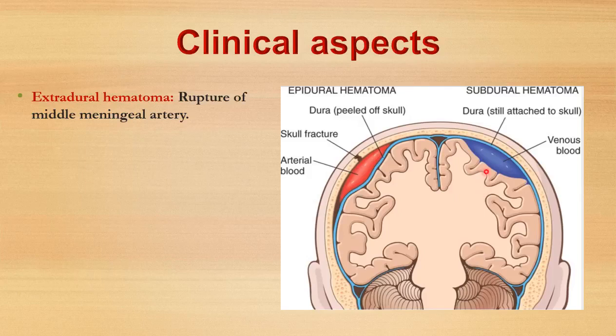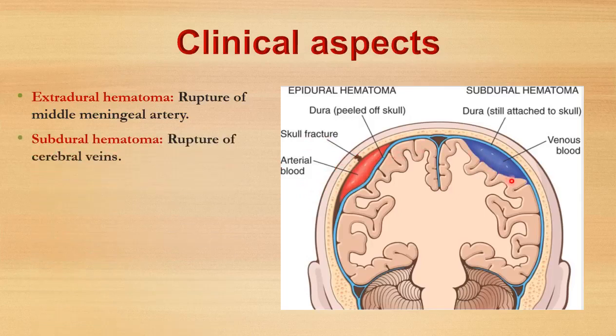So with hematoma, you are able to see two types. One is the epidural hematoma. Only when there is a fracture of the skull do you see a hematoma which collects between the skull bone and the dura mater. Epidural hematoma is mainly due to tearing of the arteries, which are superficial.